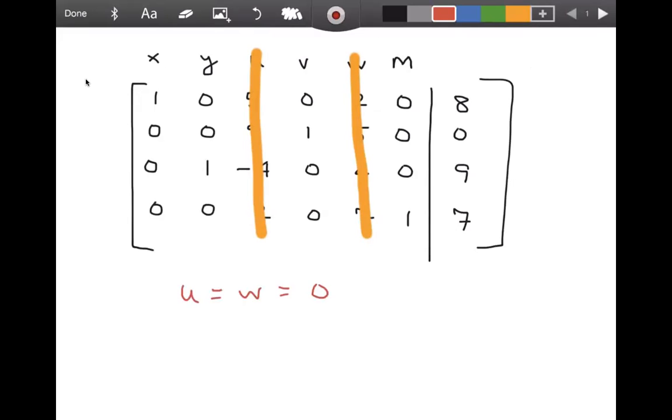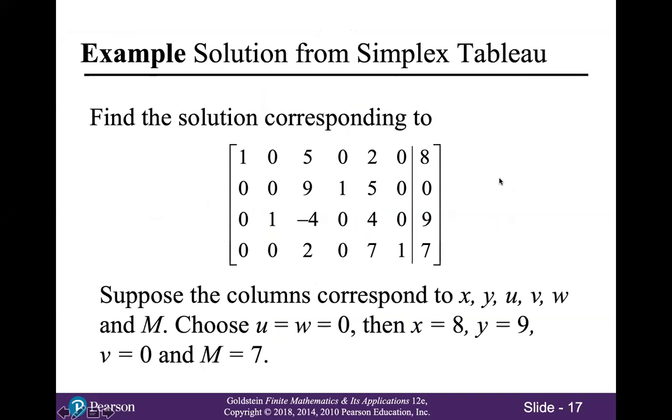For the other variables, we have x from the first row equals 8, v equals 0, y equals 9, and m equals 7. All right. So yeah, I thought it would be helpful to look at that one on the tablet because this seemed to kind of come out of nowhere, at least to me.